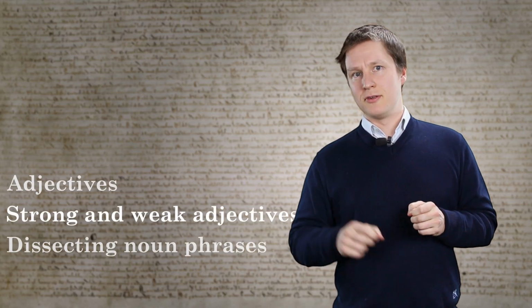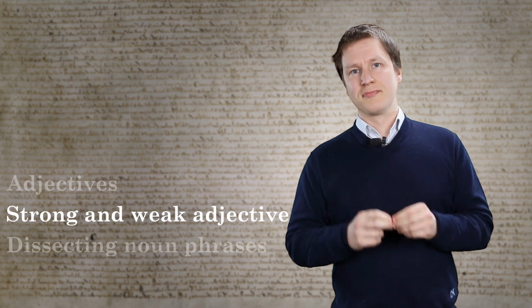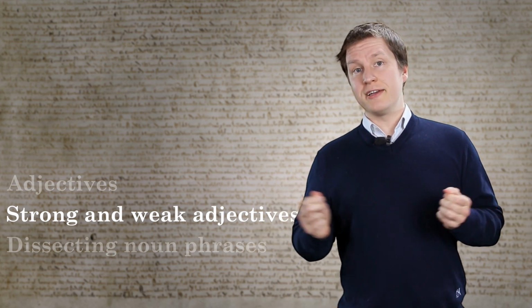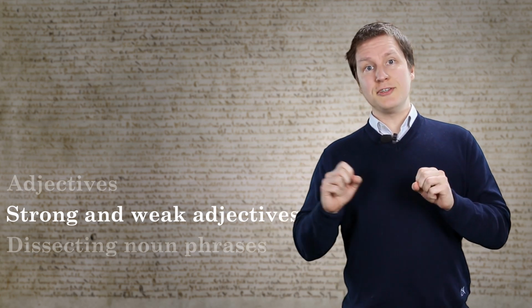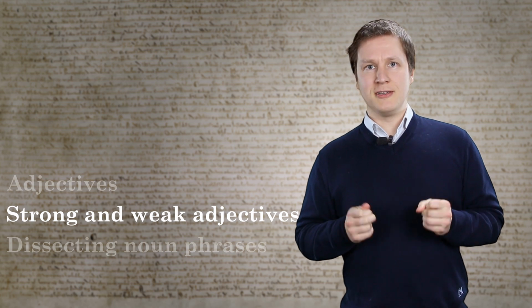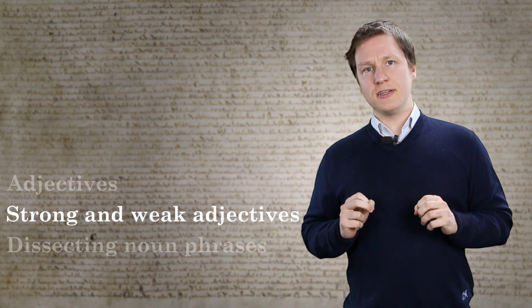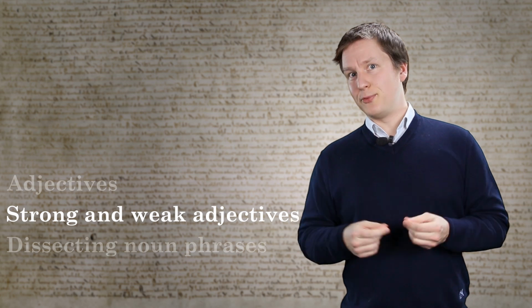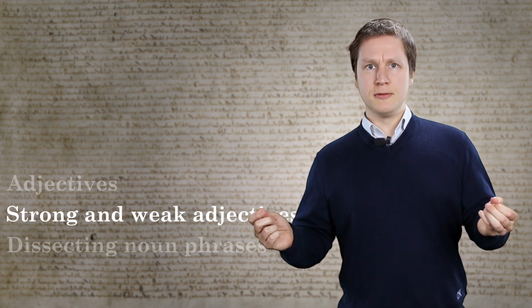Like nouns, adjectives come in two different flavours, weak and strong. You may remember that the term weak is simply another term for little inflectional variety. If we look at the weak adjectives, we can see that, like the weak nouns, they mostly end in -an.